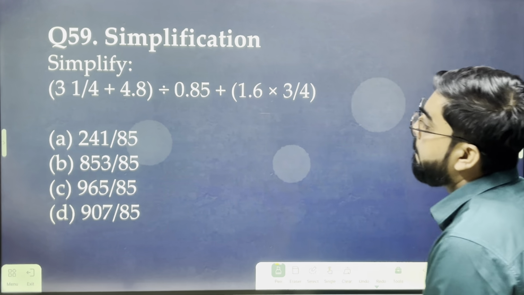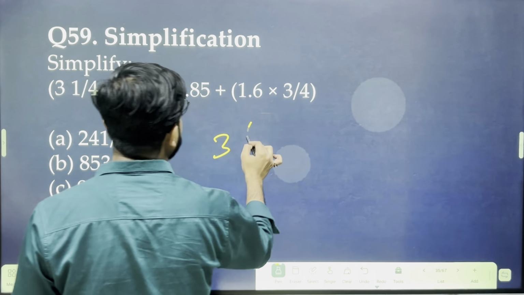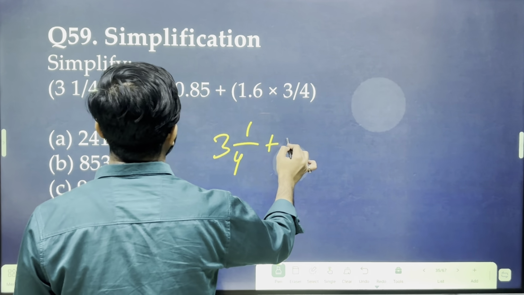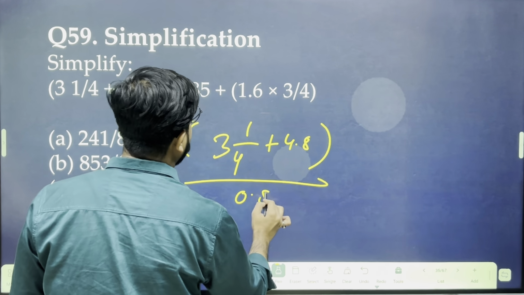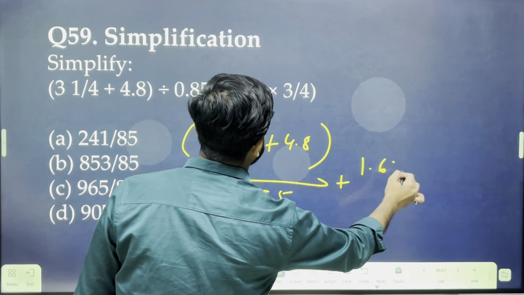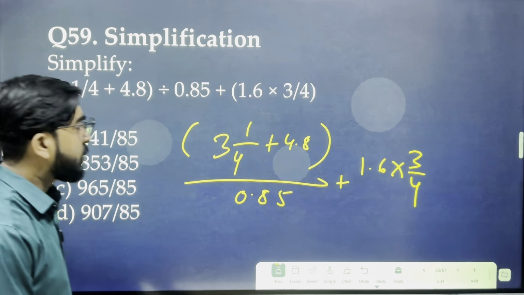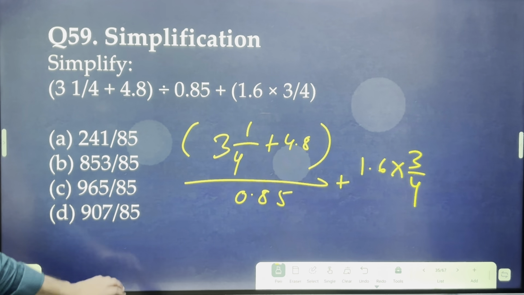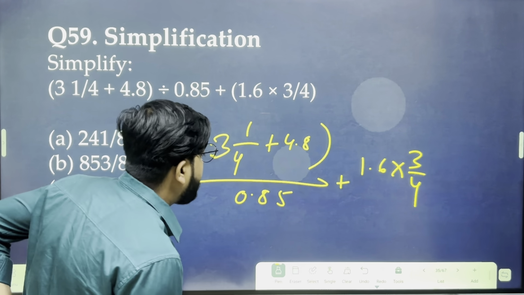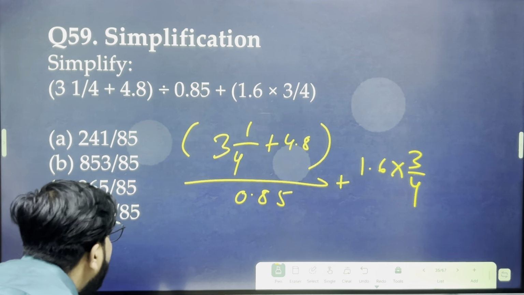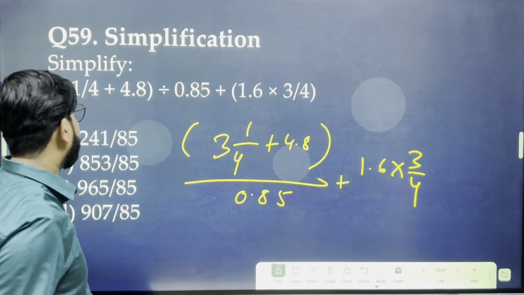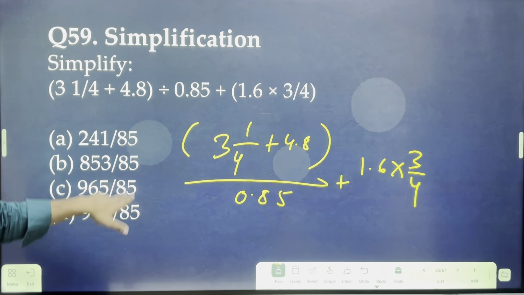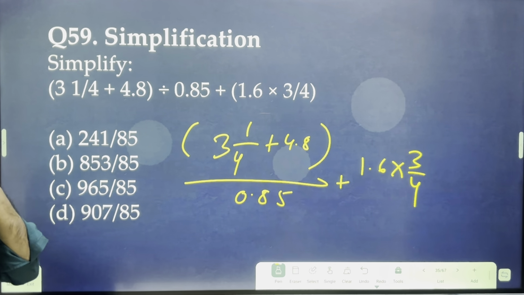Next, 3 is to 1 by 4 plus 4.8 divided by 0.85 plus 1.6 into 3 by 4. It is also a good question. You can solve this. Before I solve, okay, how can you solve this? 13 by 4. 0.85 is there. So that is the actual problem. But that is not the problem, because here you can see the 85 is there.